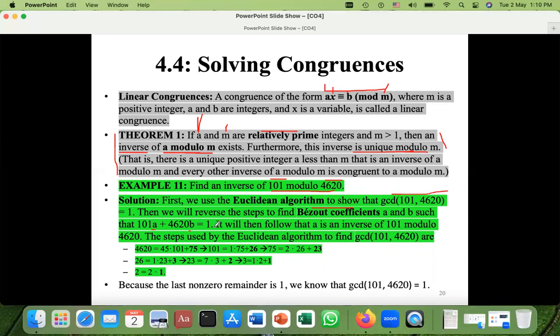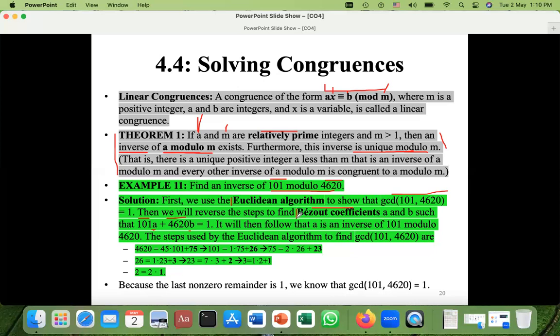This is according to the previous definition. These are the s and t that you have to find. Anyhow, let's start. These are the two steps: first is the Euclidean algorithm, and then you apply the Bezout coefficients step to find these related coefficients.